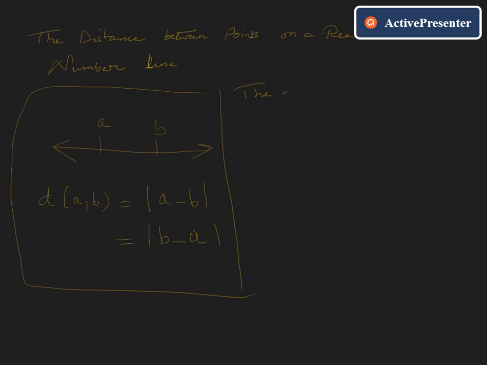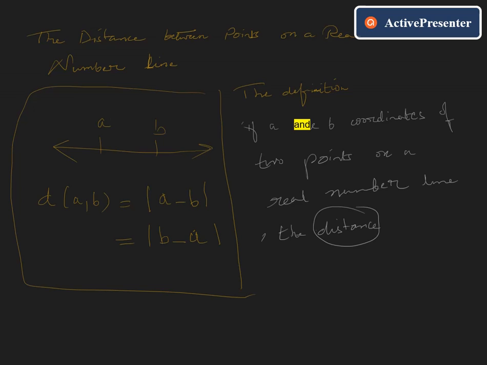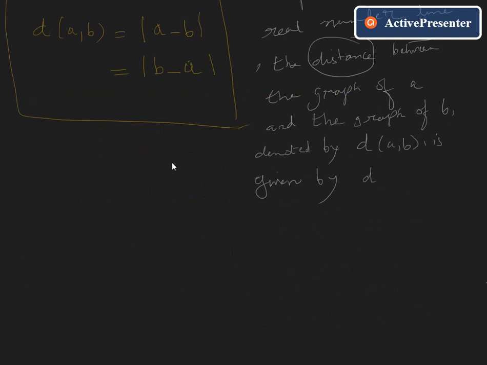The definition of the distance between points on the real number line: if A and B are coordinates of two points on a real number line, the distance between the graph of A and the graph of B, denoted by d, is given by d equals the absolute value of A minus B. It is what we said before.